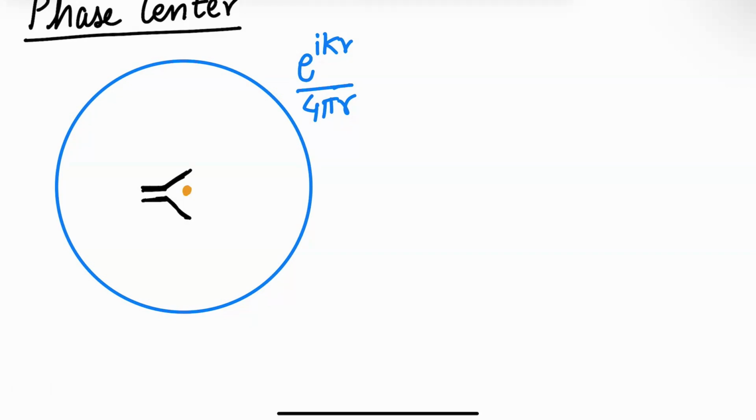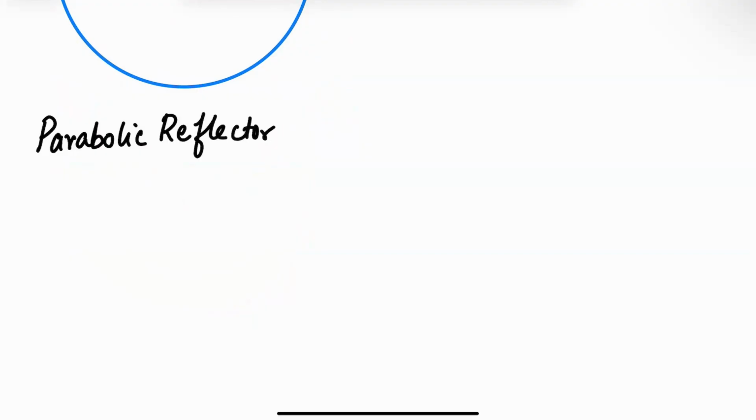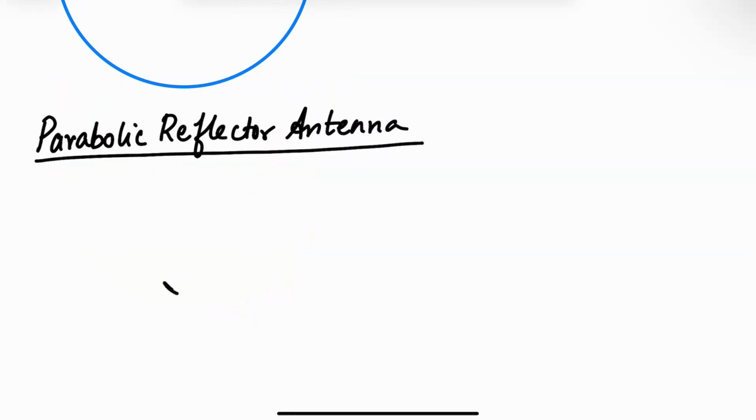Okay, so a parabolic reflector, we'll discuss that next. Then it has two parts. It has a feed antenna, and a reflector.